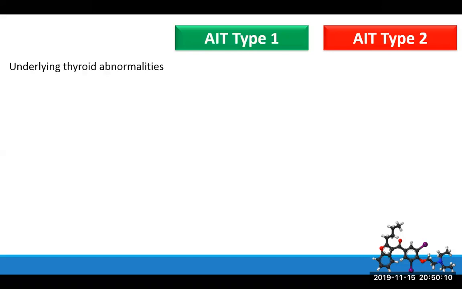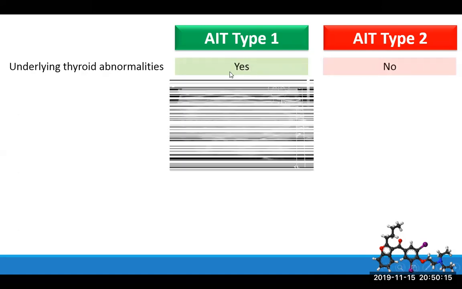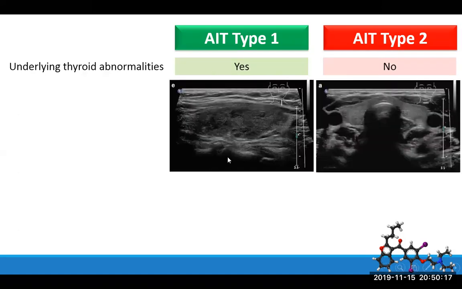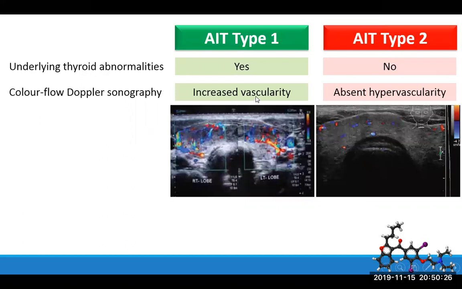This is very important actually in exams. In type 1, there is an underlying thyroid abnormality from ultrasonography, from antibodies, or from other modalities. Color flow Doppler sonography shows increased vascularity in type 1, but absent hypervascularity in type 2.